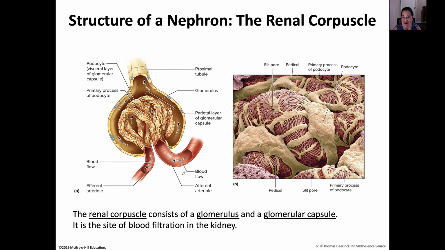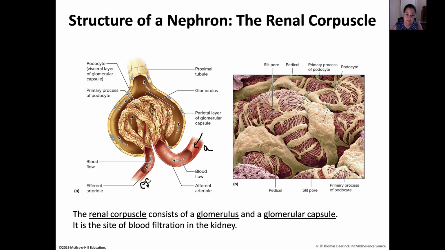Another look at the nephron. Another look at the Bowman's capsule with the glomerulus. Again, the afferent arteriole comes from the renal artery. That afferent turns into a bunch of capillaries, making smaller and smaller capillaries, and then those capillaries come together and form the efferent arteriole.